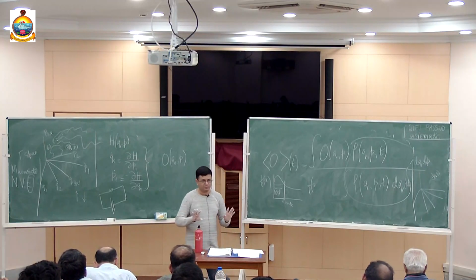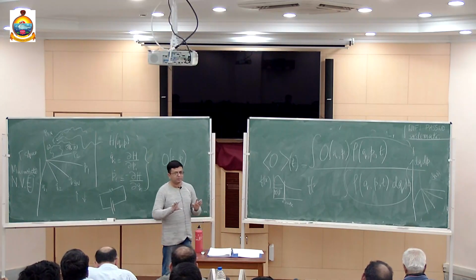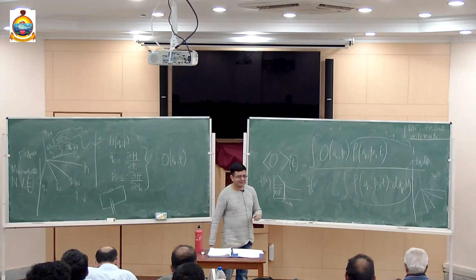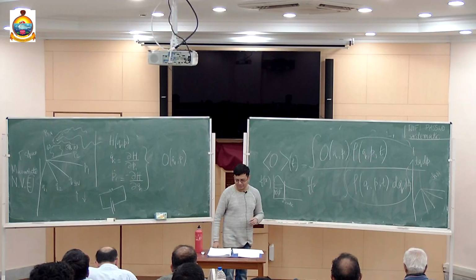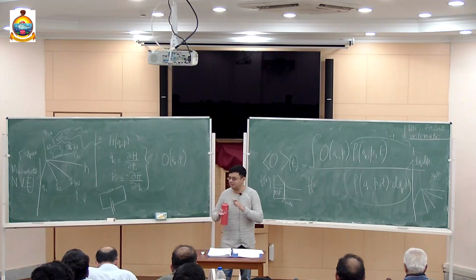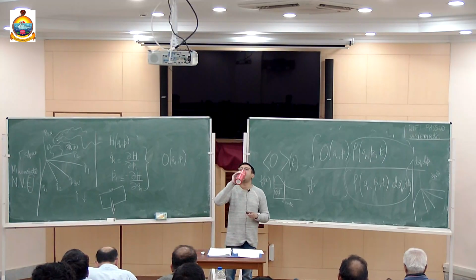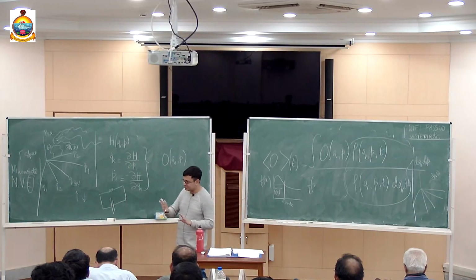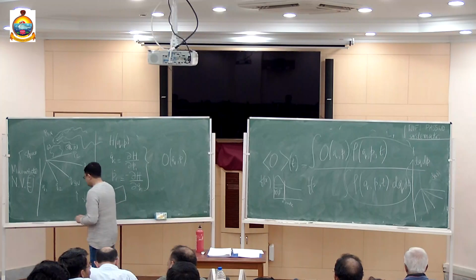So, it's clear where we are getting to? It may not be clear where we are getting to, but it is clear how far we have been able to get till now. This is okay, right?